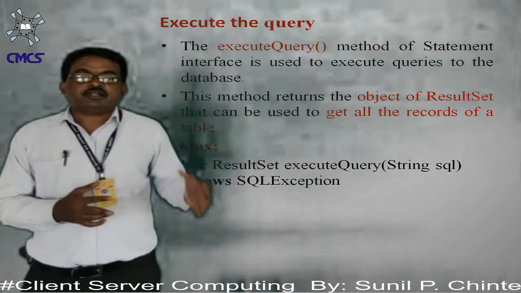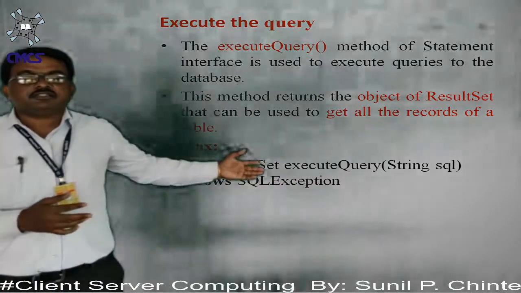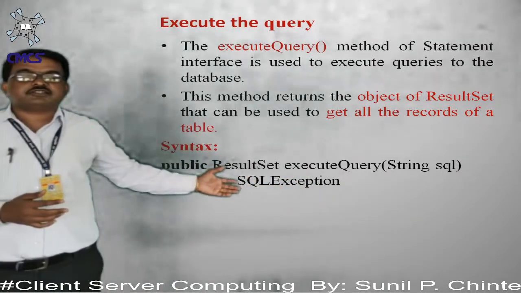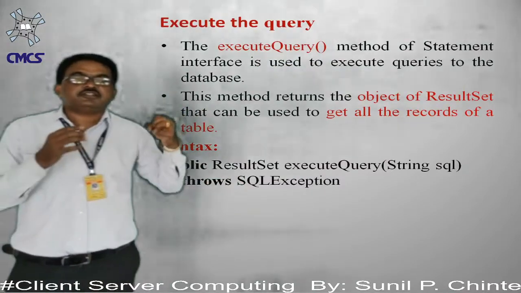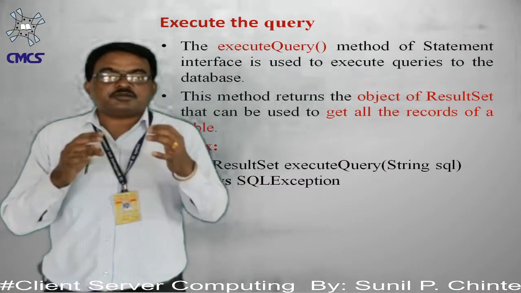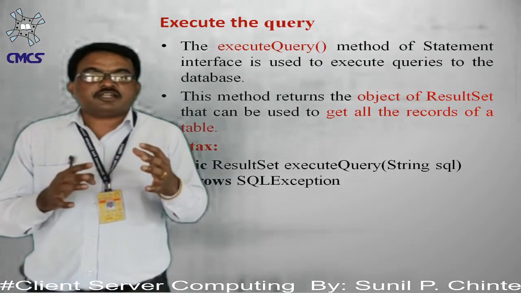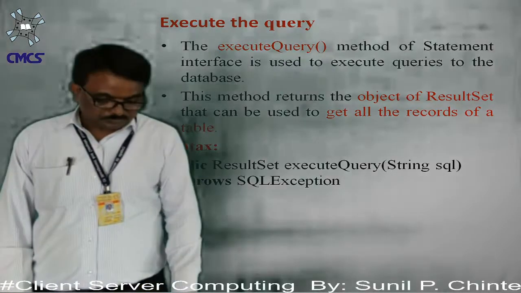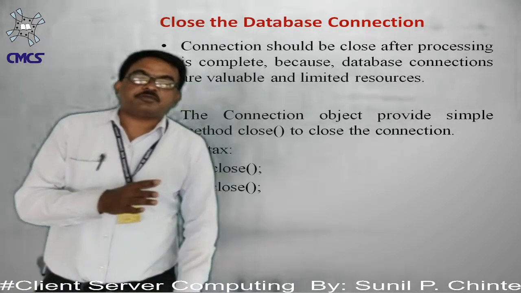Here is a simple example. This executeQuery returns the ResultSet, the object of the ResultSet class, that will get the records from the tables. The last step is to close the database connection.